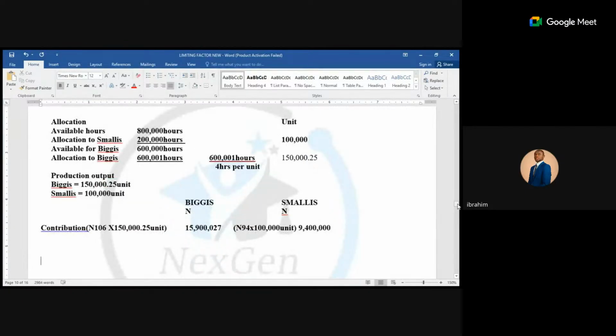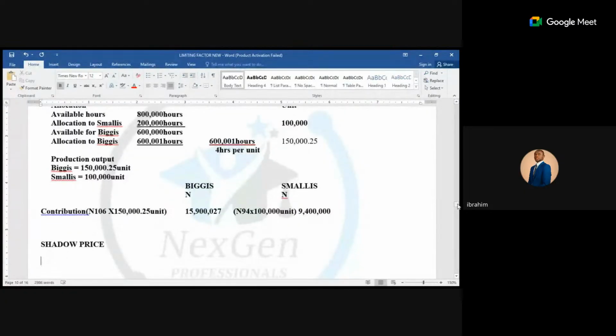Now, shadow price. You will say your new contribution minus the old contribution, and that gives what we call the shadow price.